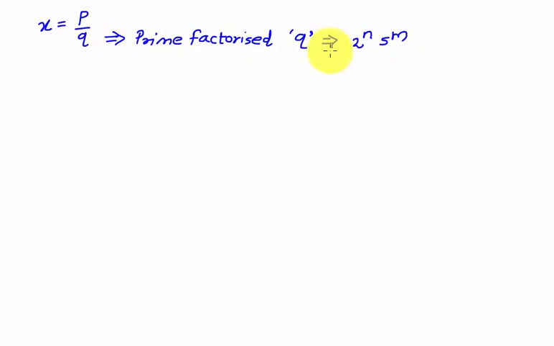So if the prime factorization of q contains only 2 and 5 as prime factors, then that is a case of terminating decimal. And if the prime factors of q are not of the form 2 raised to n into 5 raised to m, that means the prime factorization of the denominator contains some other prime factor.